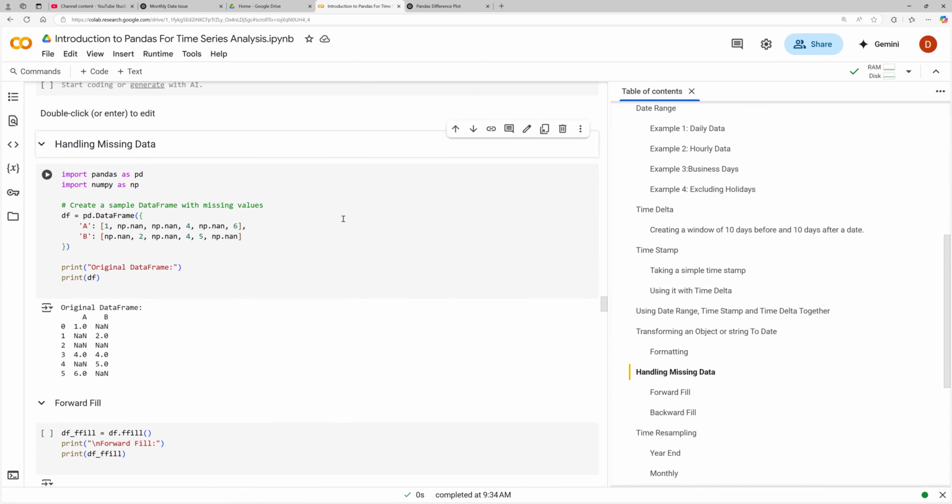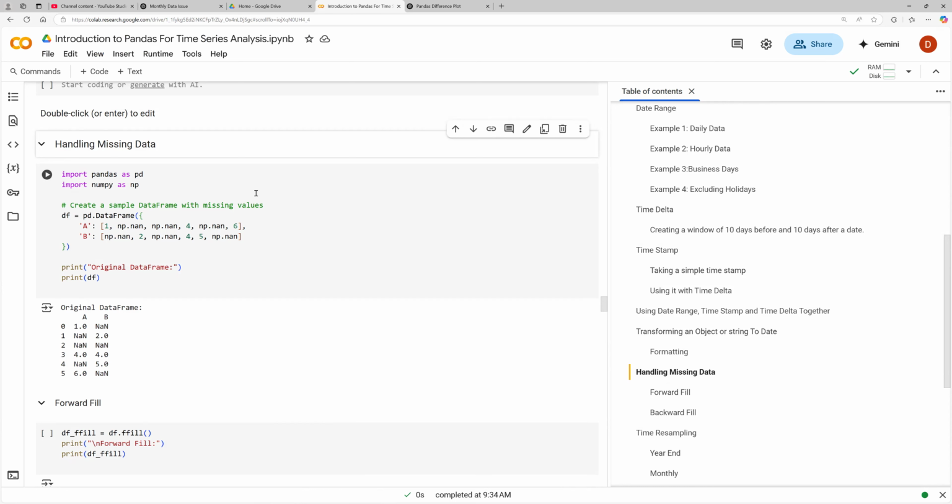And then here we're dealing with missing values, how to handle missing values. Okay, this is a little bit of an exercise. You're not going to get data that's cleaned up all the time, obviously. In Yahoo Finance and some of these APIs that give us time series data, they pretty much have cleaned it, right?